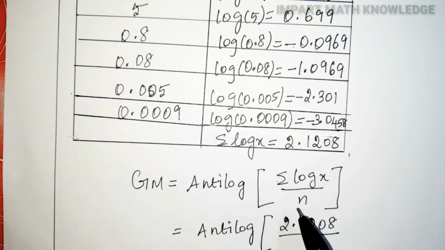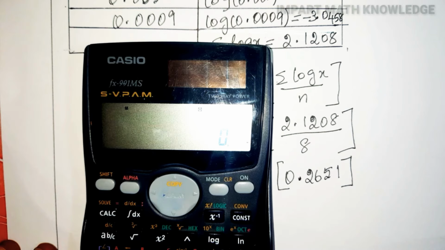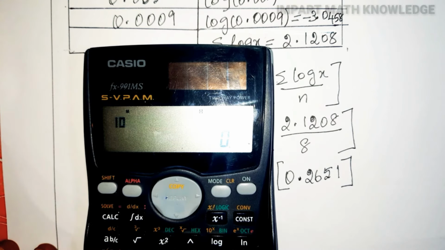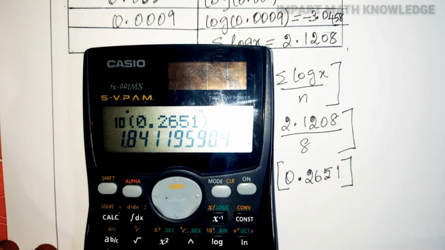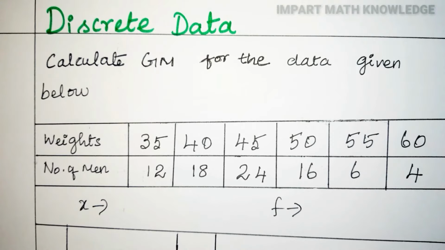Here we have 8 items, so n is equal to 8. Antilog of 2.1208 divided by 8 is 0.2651. For finding antilog, shift log. Antilog of 0.2651 is 1.8412.